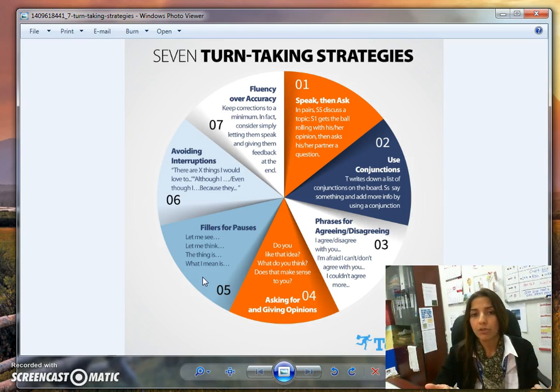So there can be different uses for pause, but a pause is also a very important strategy which you use in a discussion.